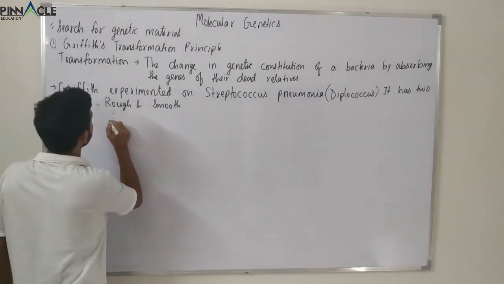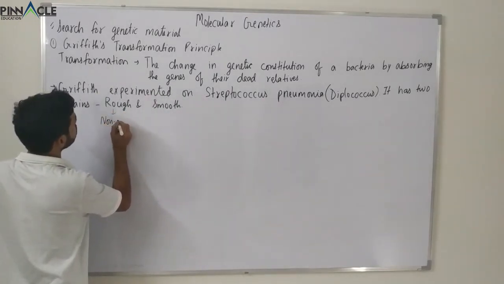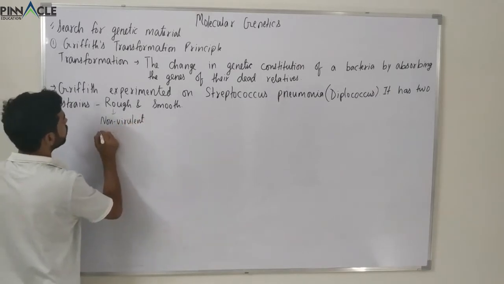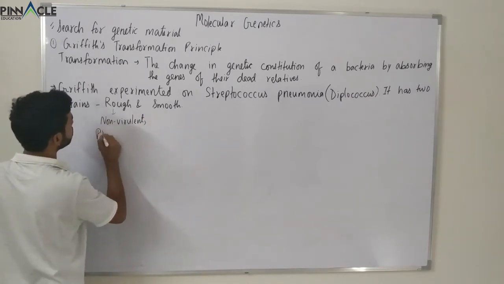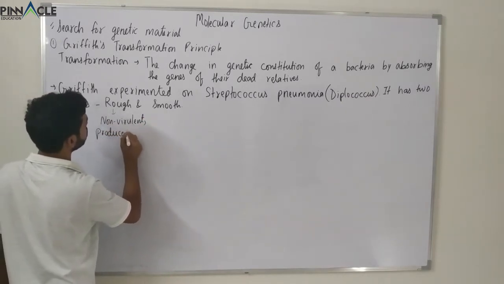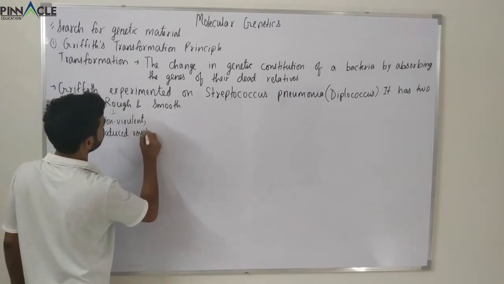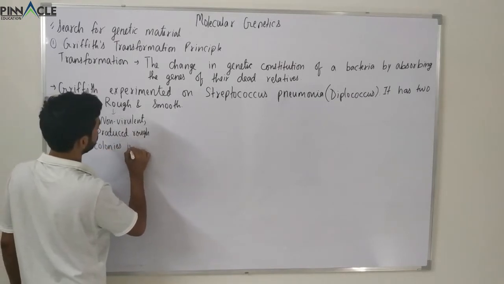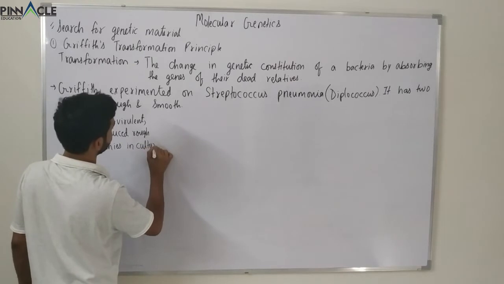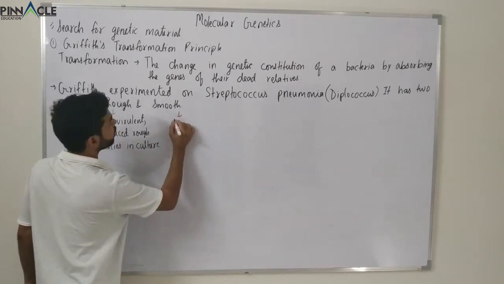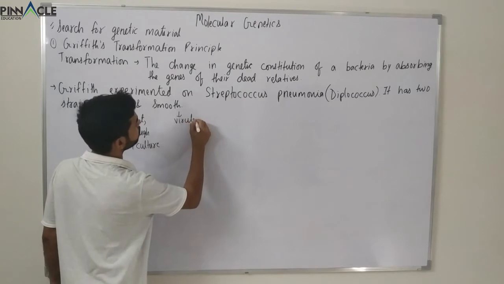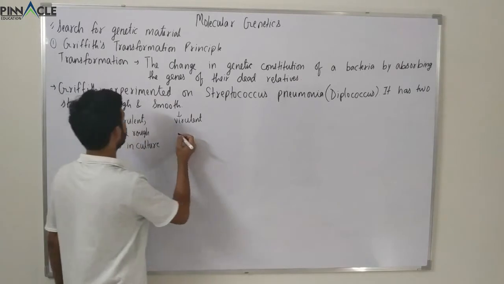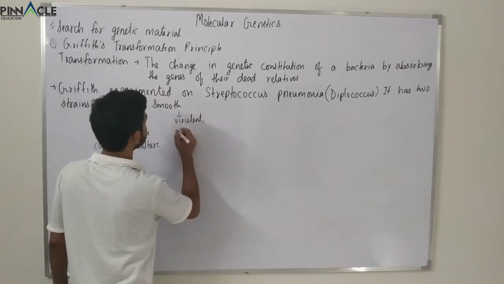So this rough is non-virulent. It produced rough colonies in culture. This smooth is virulent, that is, it causes disease. Virulent means it causes disease, non-virulent means it cannot cause disease. It produces smooth colonies.